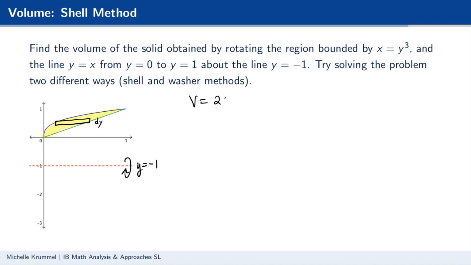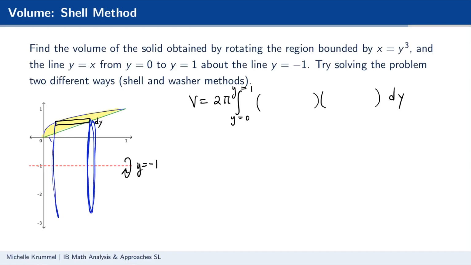So volume equals 2 pi integral from y equals 0 to y equals 1, radius times height times dy. I'm going to draw my cylinder to help me figure out my radius. So my cylinder comes down like so. And the radius would be this distance here.